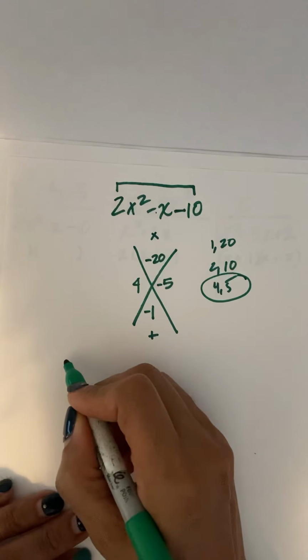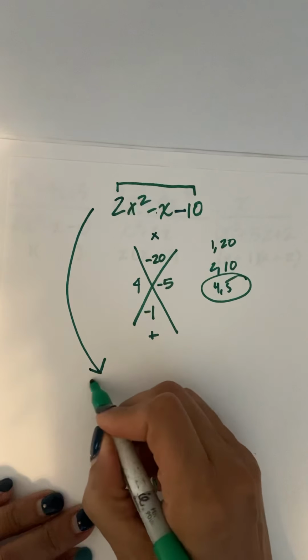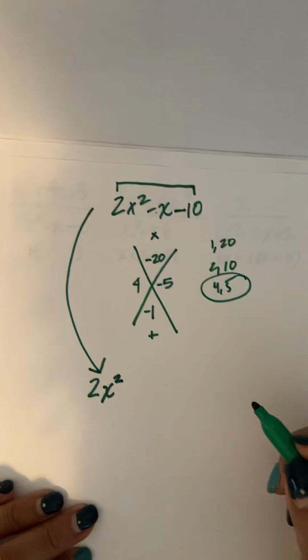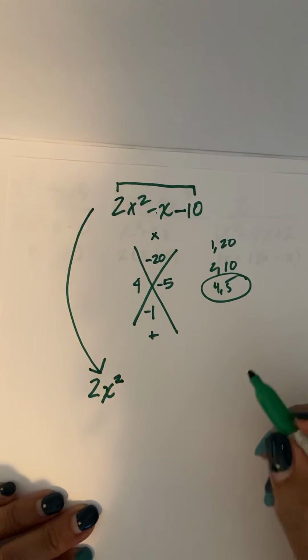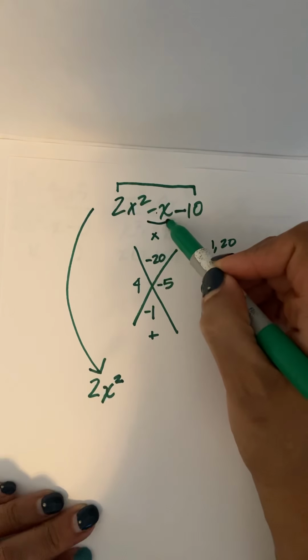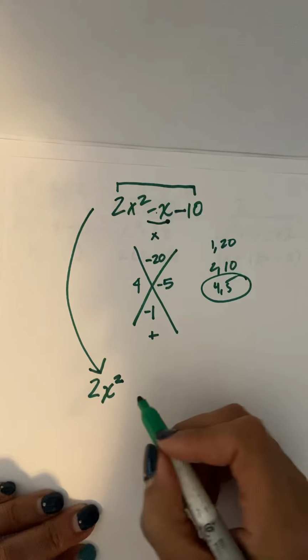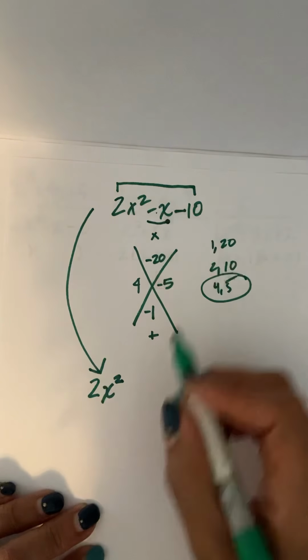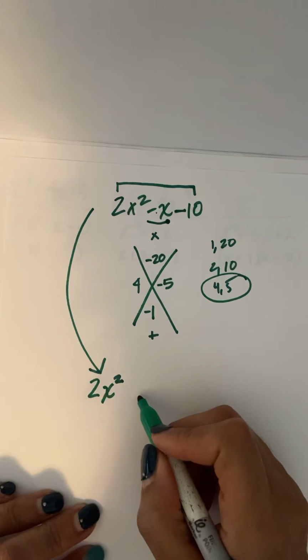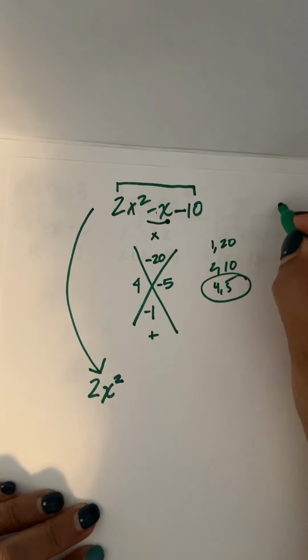So what I do is I come back and I rewrite that into a polynomial in 4 terms. And what's going to happen is this middle term is going to be broken up into the sum of 2. It will be equivalent to the original expression, but it's just written in a different way. So in other words, I can write -1 as -5 plus 4.